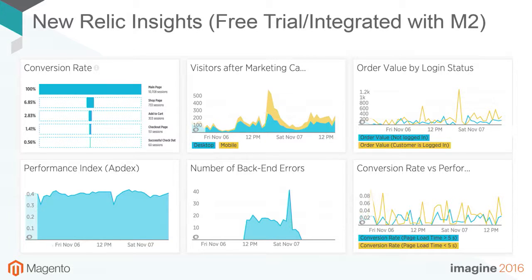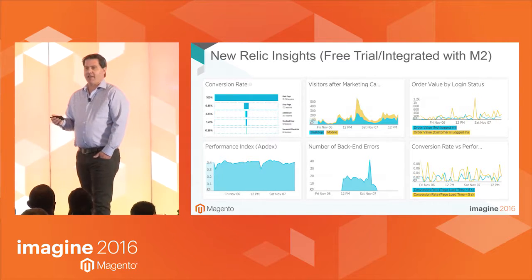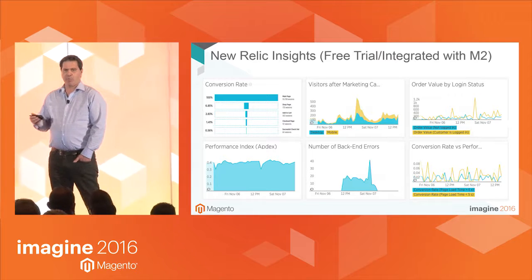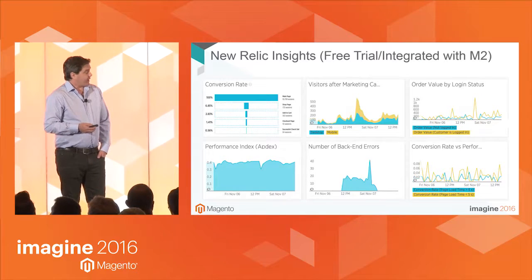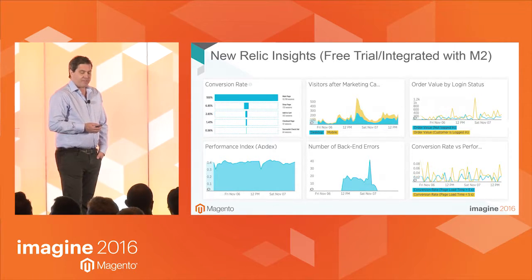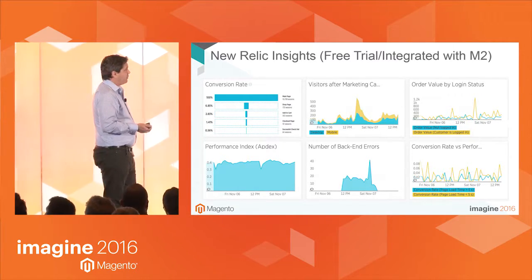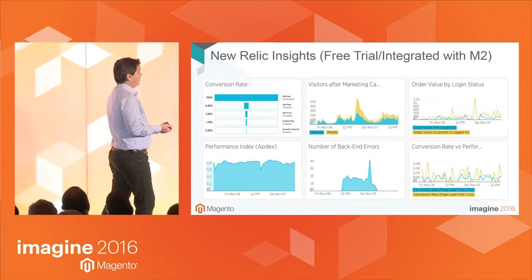New Relic also has a product called Insights. This is already integrated with Magento 2, and you get a free trial of that with Magento and with pretty much any of the Magento editions, including the Cloud Edition. New Relic Insights provides dashboards and a unified view across both application performance and business performance.